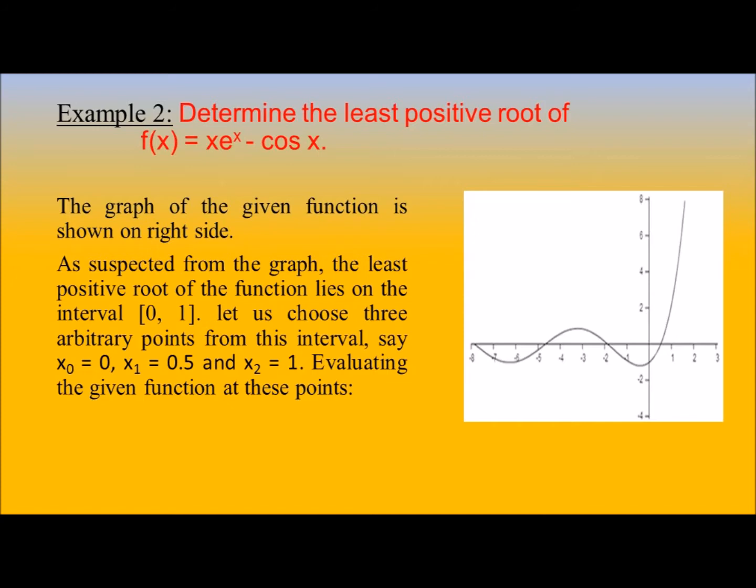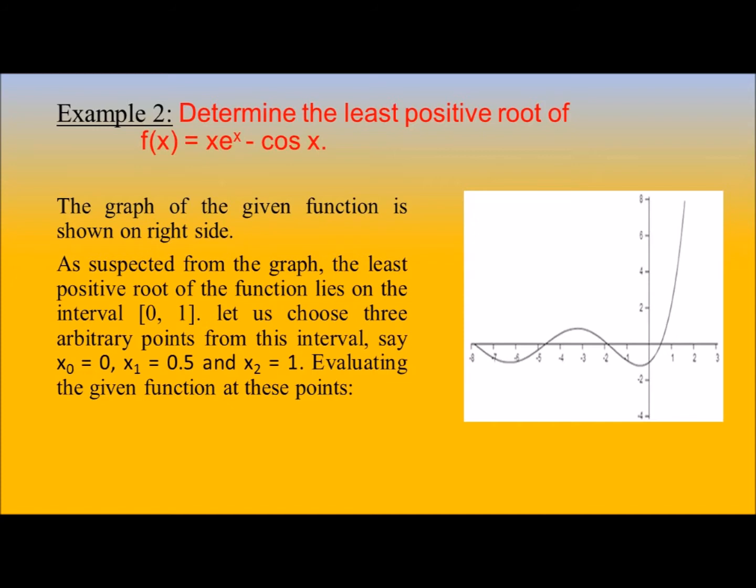So it is quite faster than the bisection, but still slower than the inverse quadratic. So this is the comparison with the other methods of inverse quadratic. Now let's see the next slide for example 2.